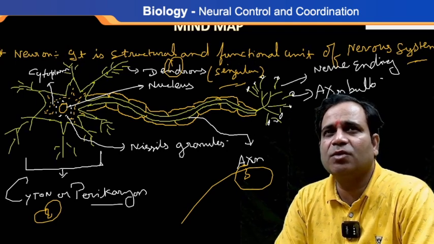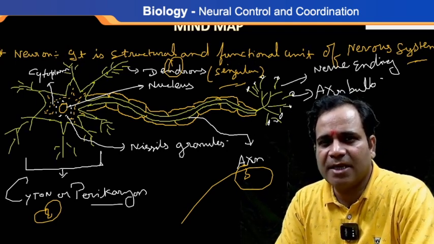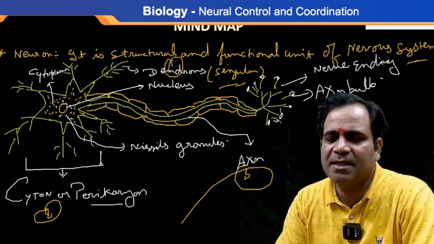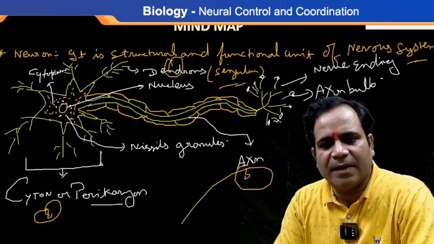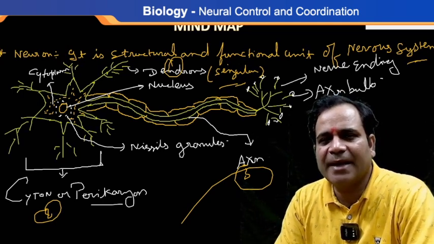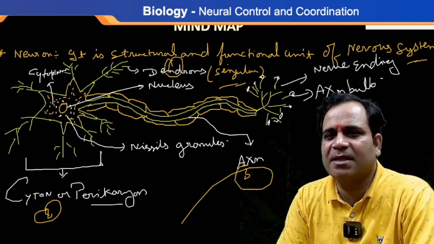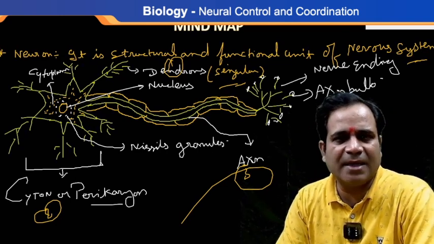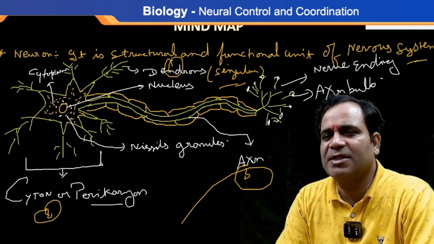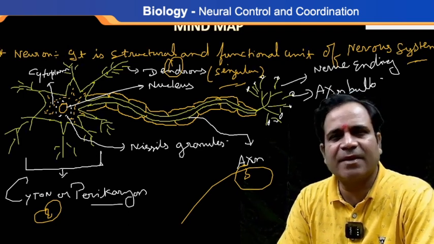When we go through the detailed video, I will tell you about all these things. For now we move ahead, because this is a mind map. The basic thing given in this topic I tell here, and in the detailed video I will tell you each and everything.